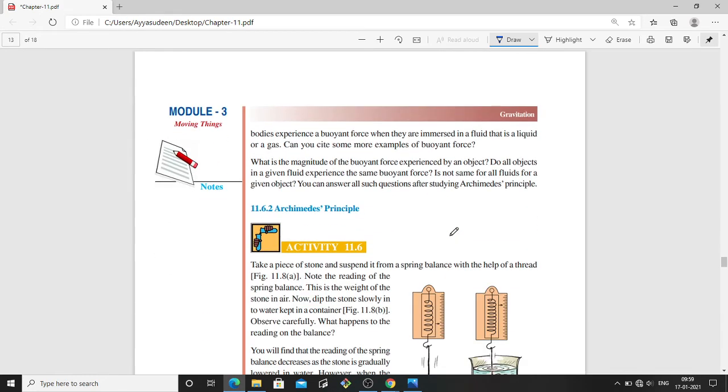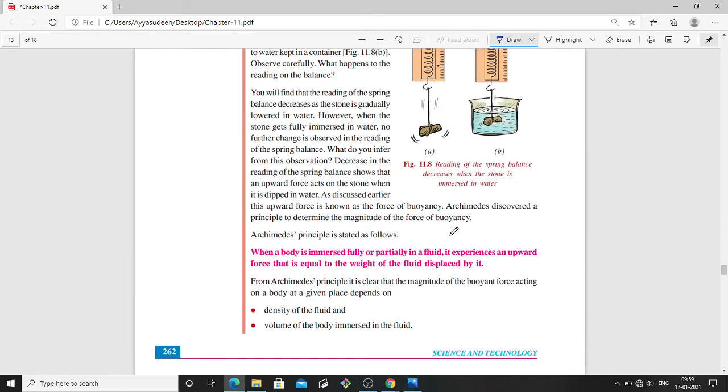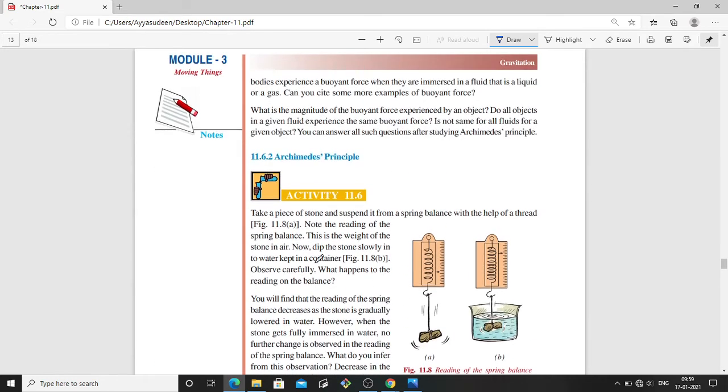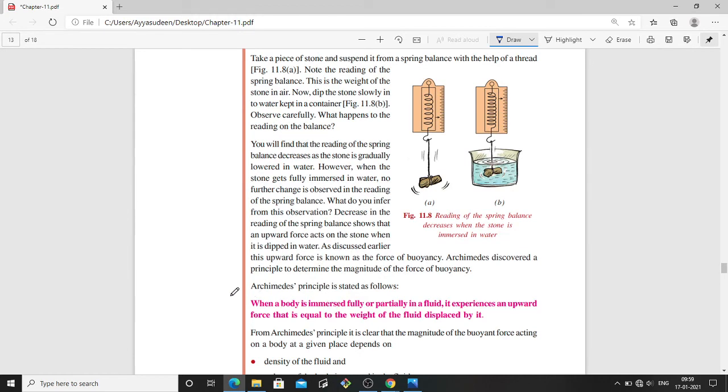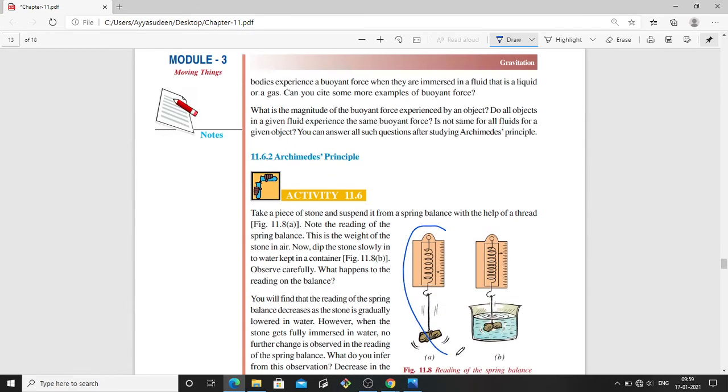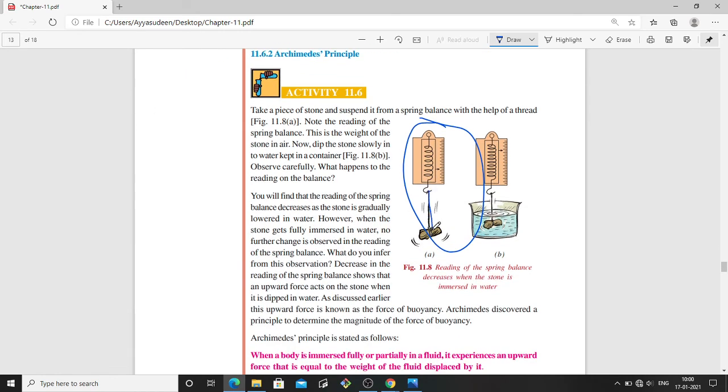So you know why it happens? We will study here. There is a spring balance like this. If you tie a stone or an object and keep it in the air, the spring will have a stretch like this.